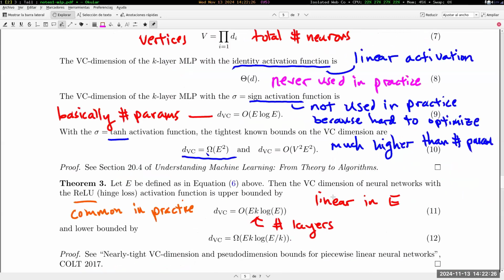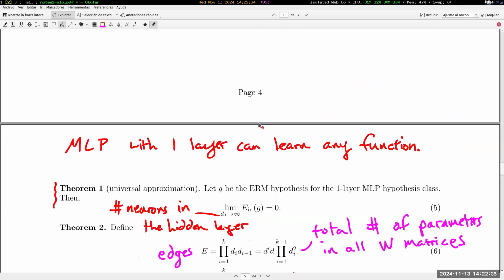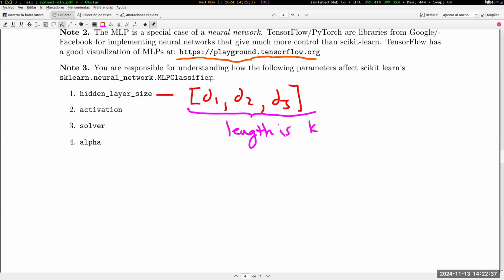So one of the important takeaways here is that the complexity of your model is very much going to depend on this hidden layer size, whatever you pass into the MLP classifier over here. But it's also going to depend on the activation that you pass into this MLP classifier. Both hidden layer size and activation will affect the VC dimension.